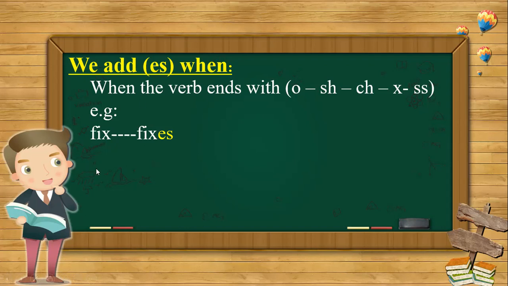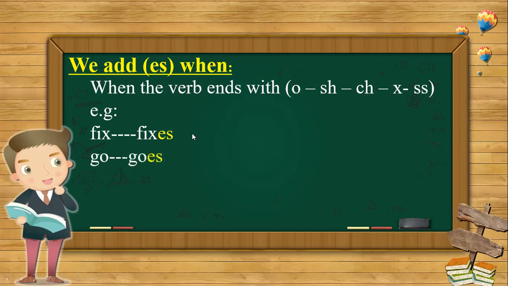But with he, she, and it, I will add s or es. Let's see. X, is it a friend of Mr. ES? The x, the last letter, is it a friend of Mr. ES? Yes, it is. So with he, she, and it, it will be fixes, with es.